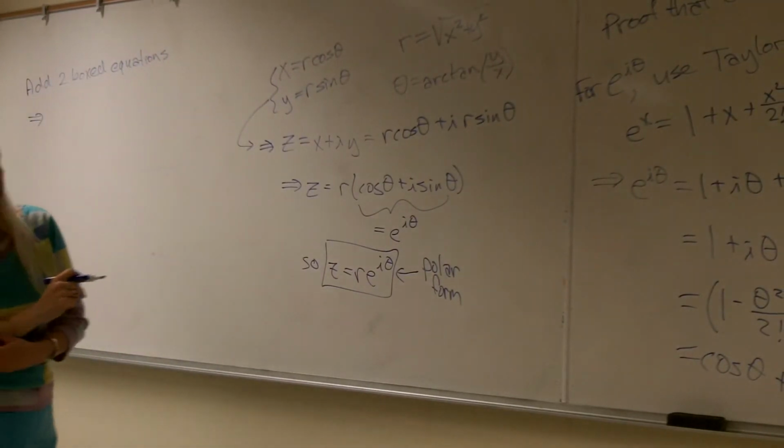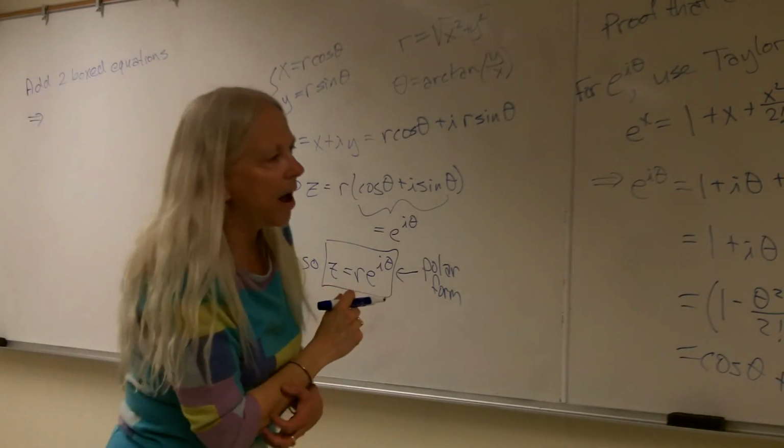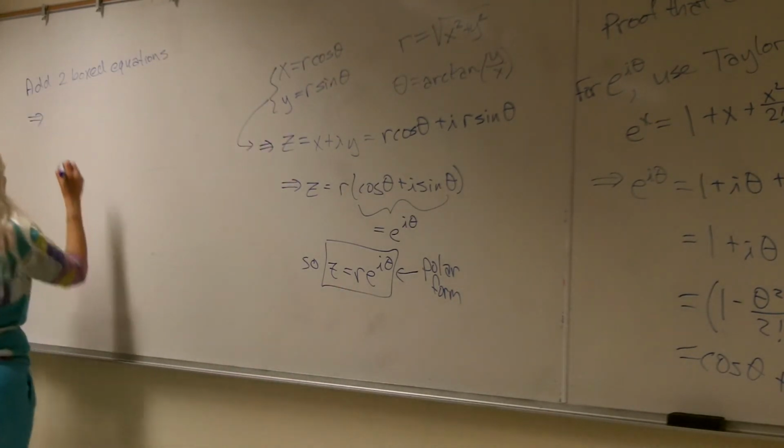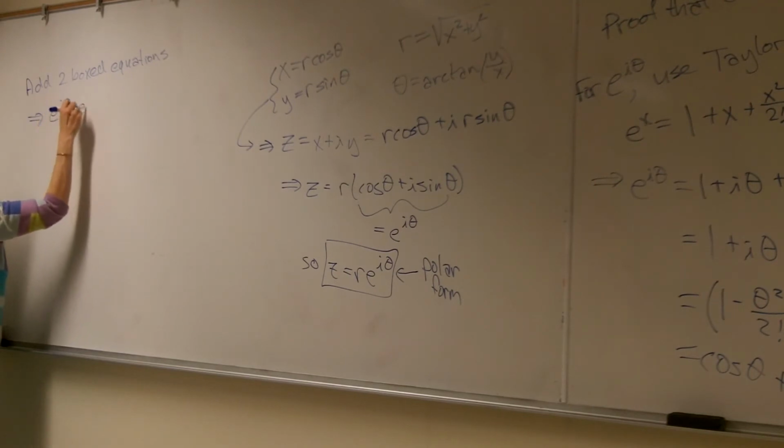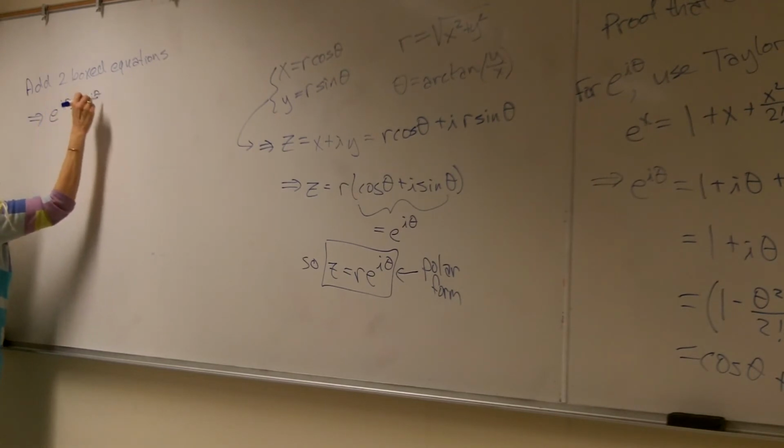Okay, so if I add those two equations together, adding together the two left-hand sides, gives me e to the i theta plus e to the minus i theta.